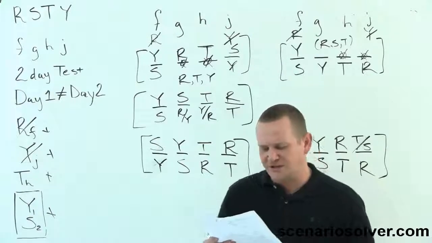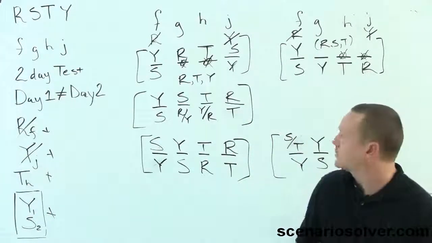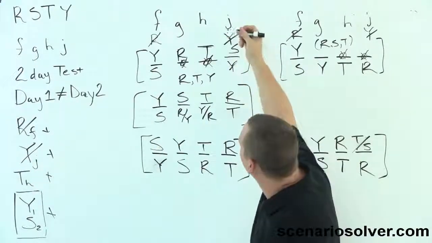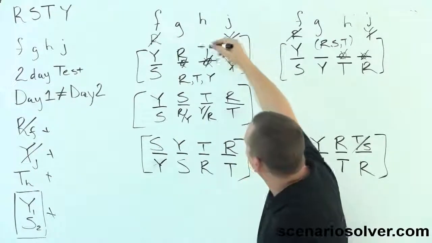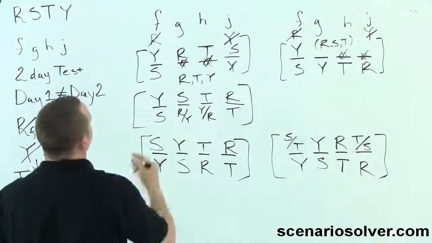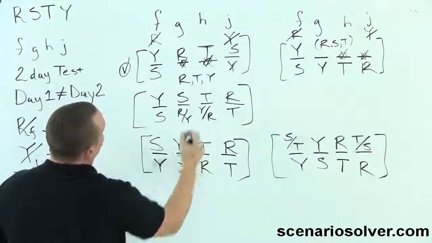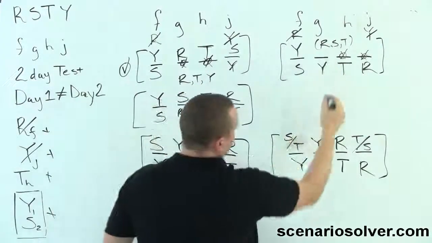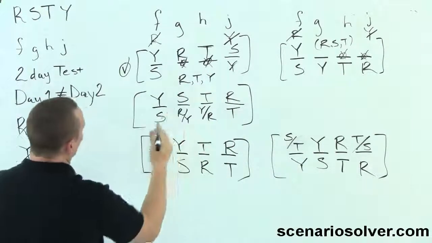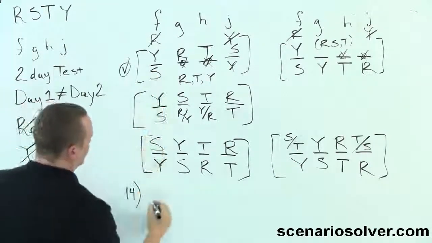Okay, 14, if T tests G on the second day, then which one of the following must be true? All right, so we just take a look at this. We could have T testing G in this scenario right here. Okay, and let's just go down. We don't have T testing G anywhere else. So what we need to do is make a scenario with what we have.